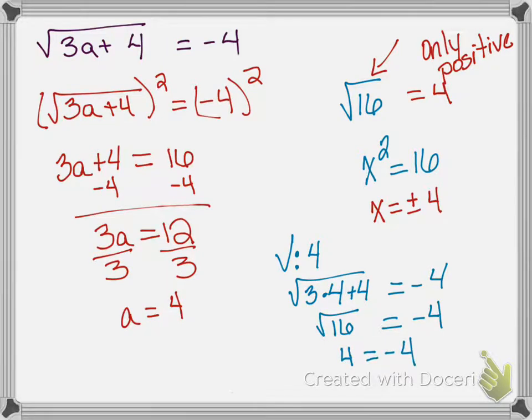Is that what I started with? No. Okay? So I have to throw this out. This is what we call an extraneous solution. So my answer to this is no solution.